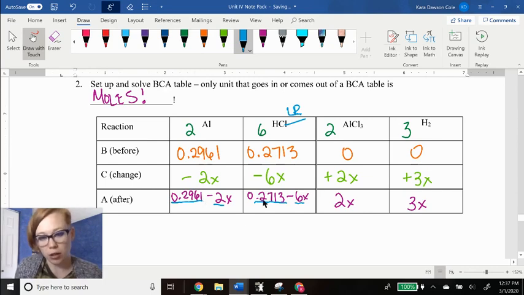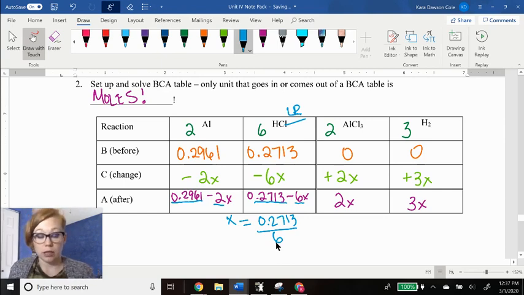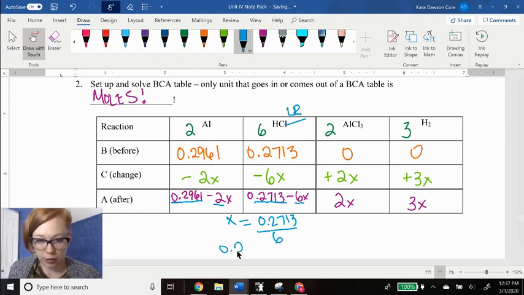So then I can solve here, right? So x would have to equal 0.2713 over 6, okay? Now, if you're confused about how I got that, I did 0.2713 minus 6x equal to 0.